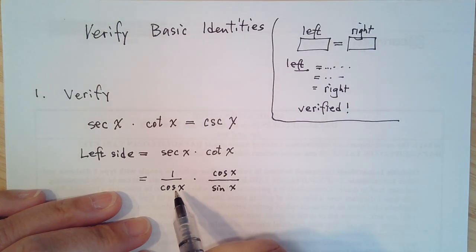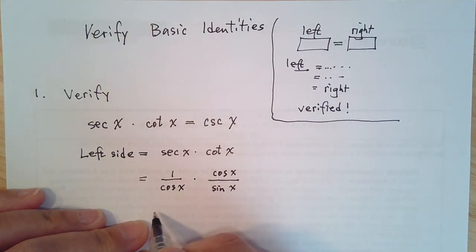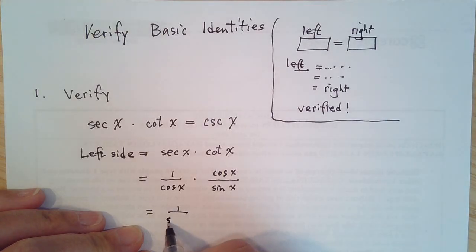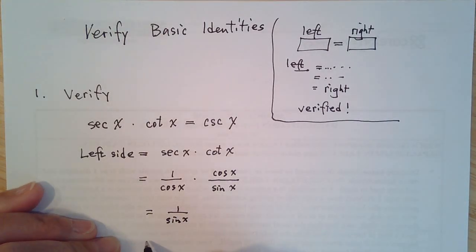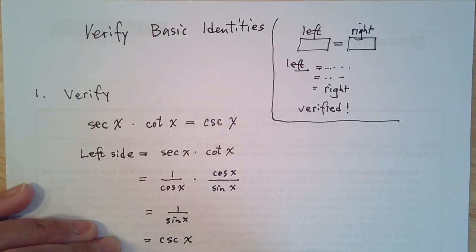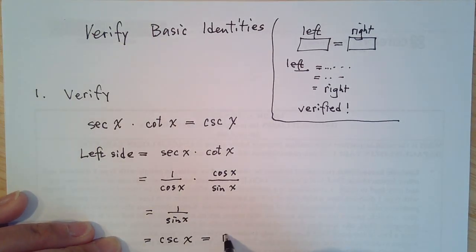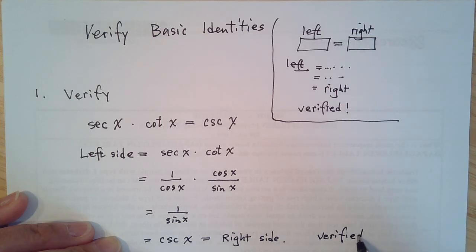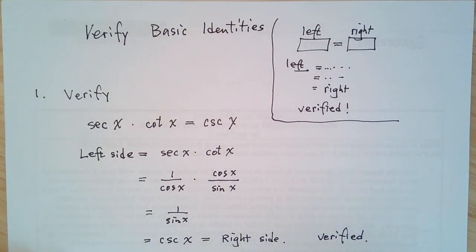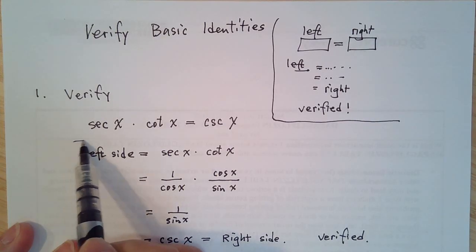When you do the multiplication, you cross out the cosine x, so you get 1 over sine x, and that is cosecant x. And that is your right side. So you can say verified. Your job is done. Your teacher will give you the credit for this question.